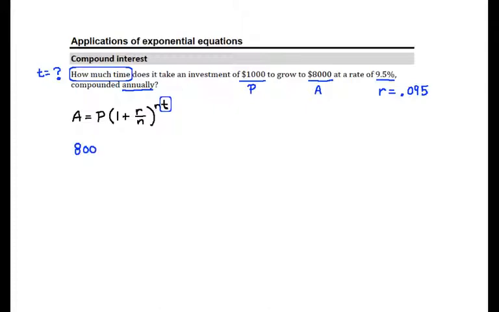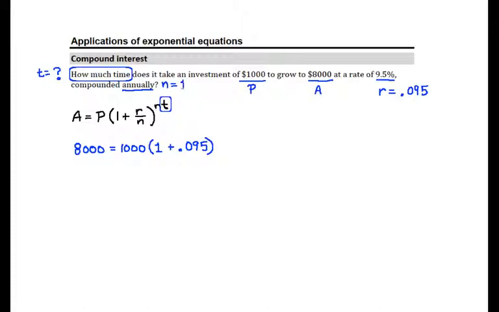So I'll go ahead and start plugging into this formula. 8,000 equals 1,000 times 1 plus 0.095. The only other thing I didn't identify in this information is the number of compoundings per year.